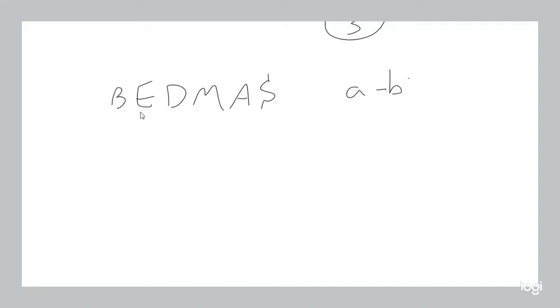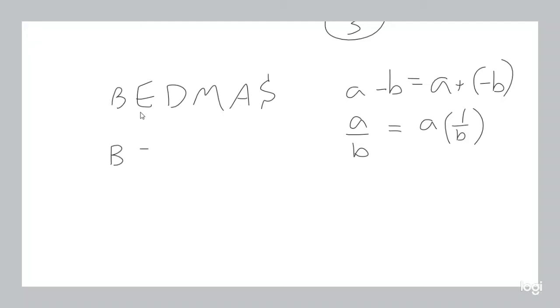A minus B is just A plus negative B. If you understand that division is just multiplying by 1 over the number that you're dividing by, then you understand that you can divide and multiply in any order, and you can add and subtract in any order.